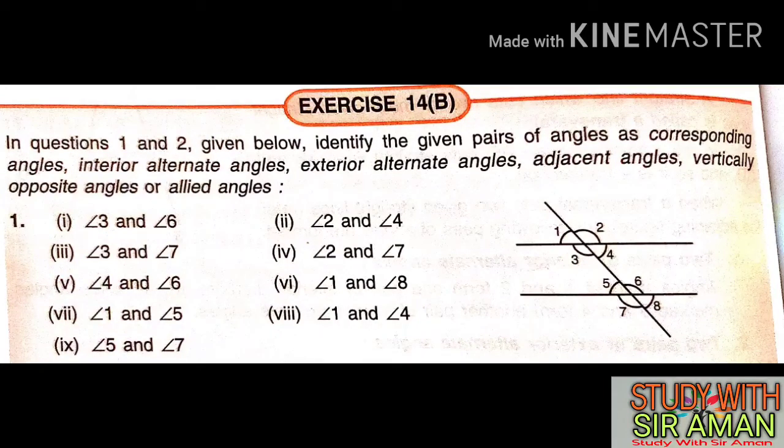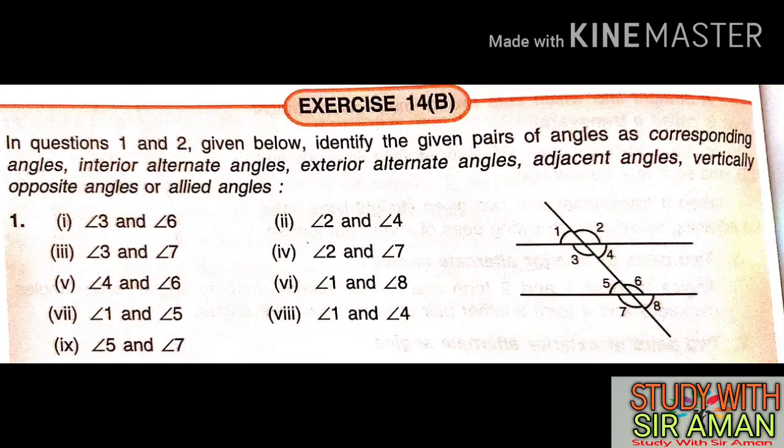5, 4 and 6. Check. 4 inside the line, 6 inside the line. 4 and 6 are which angle? Co-interior angle or allied angles, you can tell. 1 and 8, same thing.